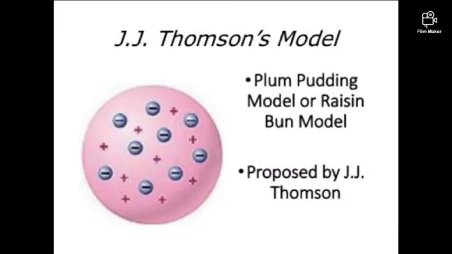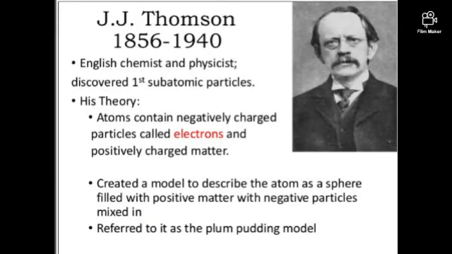The next important model or proposal was given by J.J. Thomson. His model is also called the plum pudding model or raisin bun model. His theory was that atoms contain negatively charged particles called electrons and a positively charged matter.